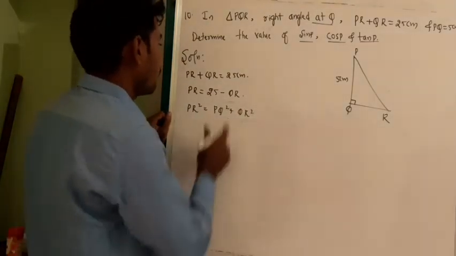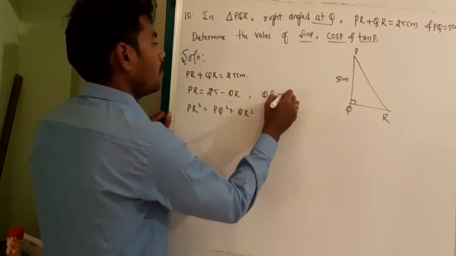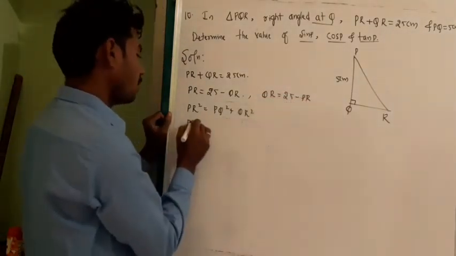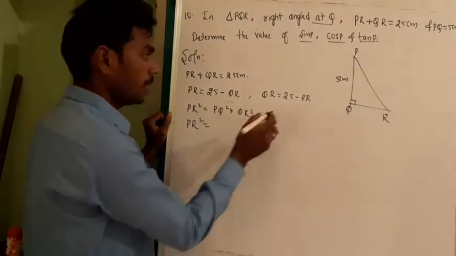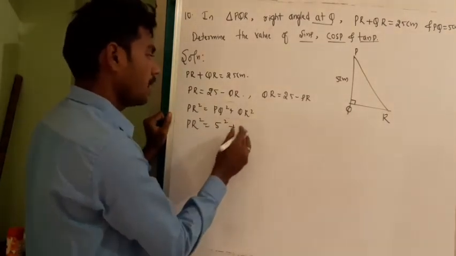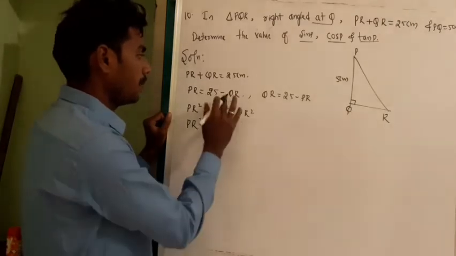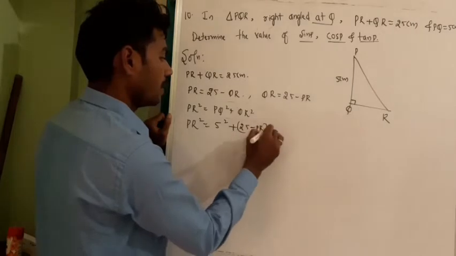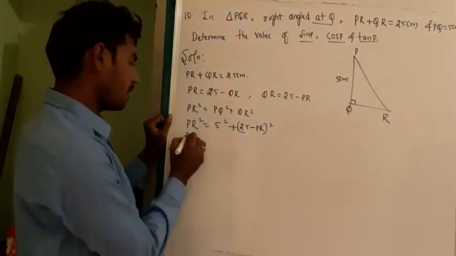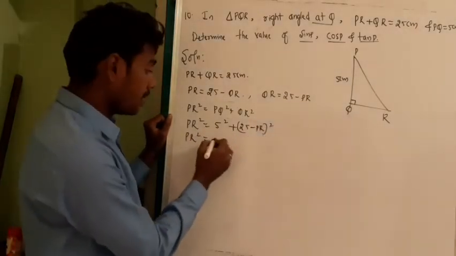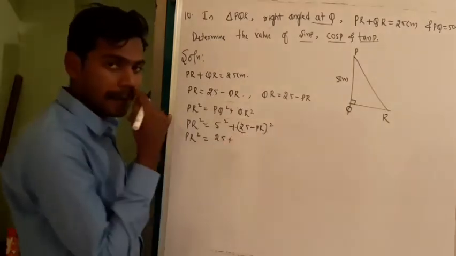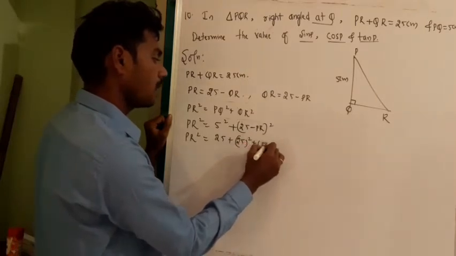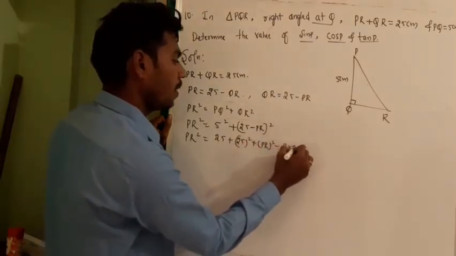Either way you can write QR is equal to 25 minus PR. So, if we want to retain PR square, PQ square is 5 centimeter square plus QR is nothing but 25 minus PR whole square. Fine. So, I will retain PR square as it is. 5 square is nothing but 25. So, A minus B whole square: 25 square plus PR square minus 2 into 25 into PR.